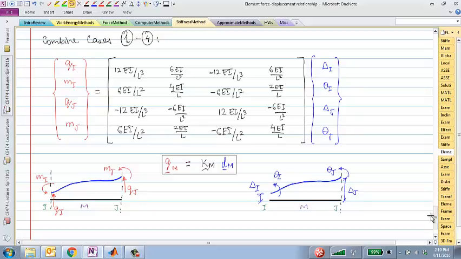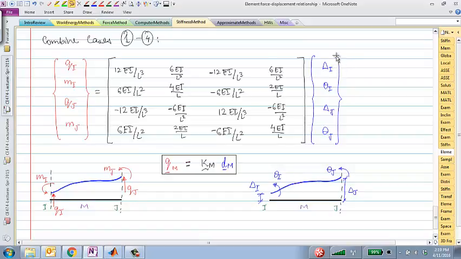So no matter what the shape ultimately of the beam element, I can use this relationship to tell you exactly what the forces at the ends would be. Okay, and that is really useful when we are going to use this stiffness matrix for solving bigger problems.